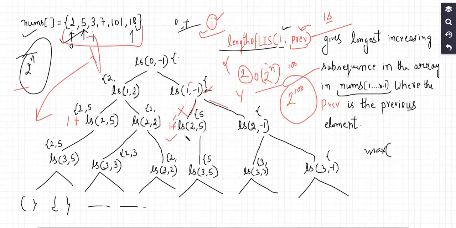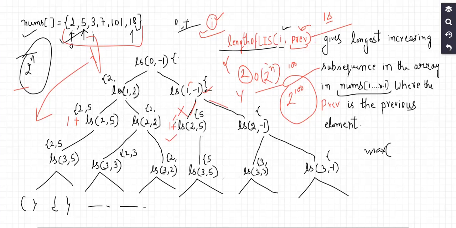We can think of memoizing it, but our code must satisfy two properties so that we can memoize it. The first property is the optimal substructure property. That means the solution to a larger problem depends upon the solution of smaller problems, and that is the case here.